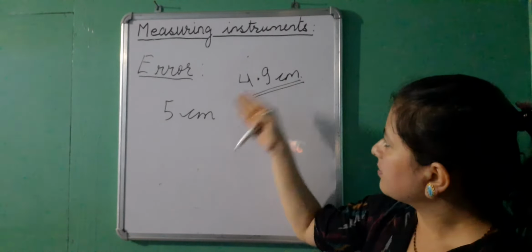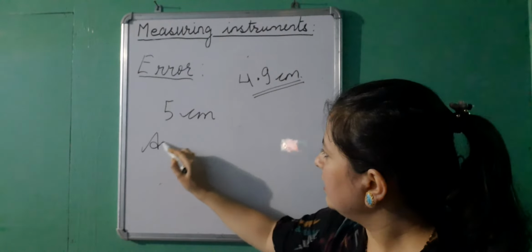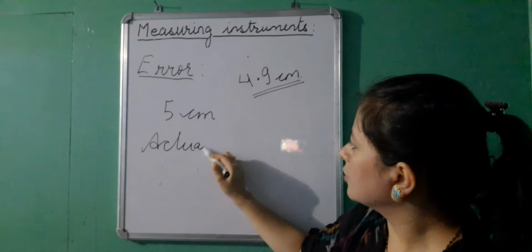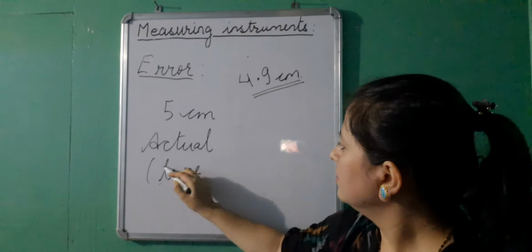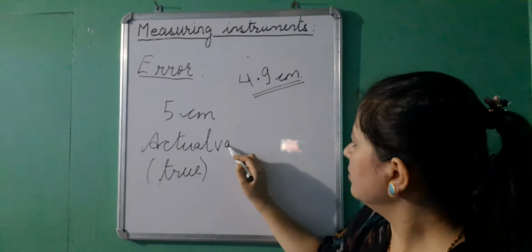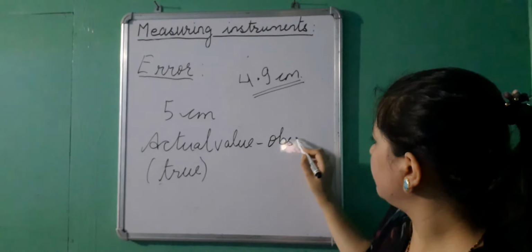Now you have to just subtract these values. This 5 centimeter happens to be the actual value, also called the true value. Actual value minus the observed or measured value.